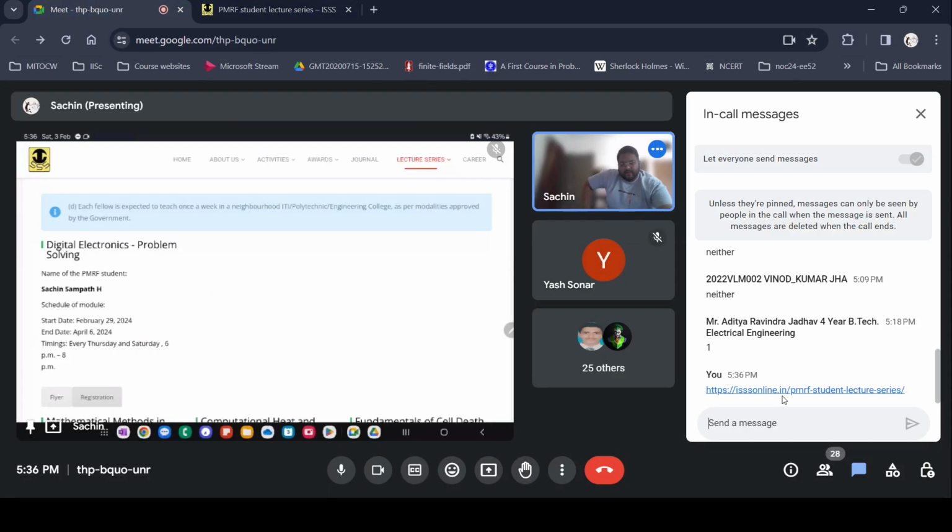So if you feel that you need more practice with problems and you want to see more types of problems that might occur in competitive exams like GATE or some textbook problems, then you can register for this course and attend. It will start from February 29th. There will be two sessions each week for 6 weeks.